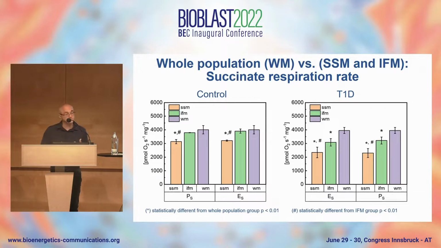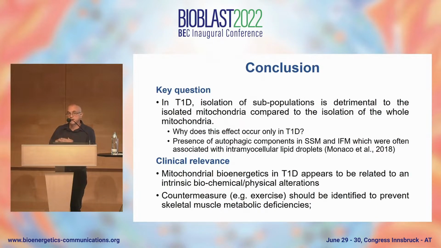So based on these results, we can say that in type 1 diabetic rats, the isolation of subpopulation of mitochondria, and I'm finishing, is detrimental to the bioenergetics, in contrast to the results that we obtained for the protocol that isolated the whole population of mitochondria.